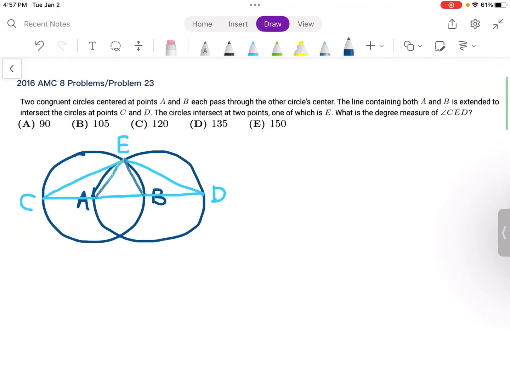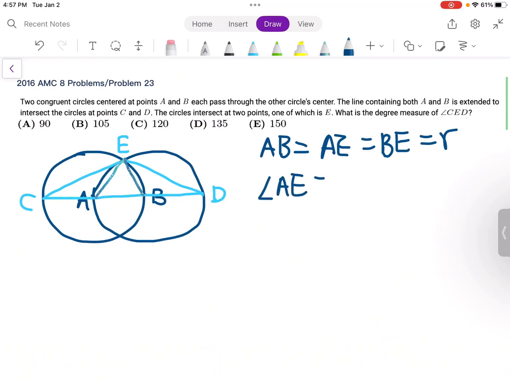To solve this problem, we know that AB equals AE equals BE equals the radius of the two circles. Therefore, angle AEB equals 60 degrees.